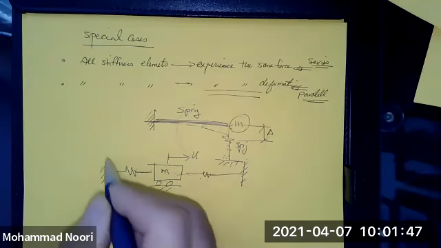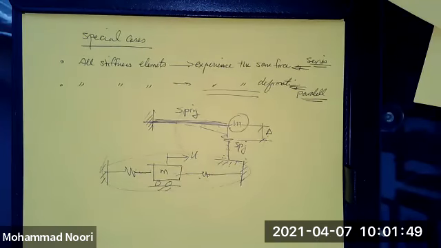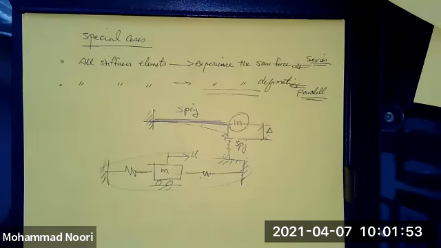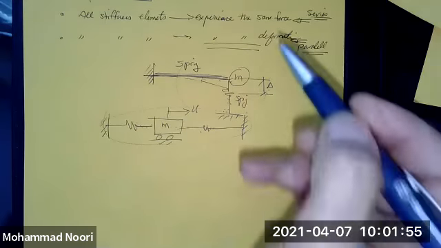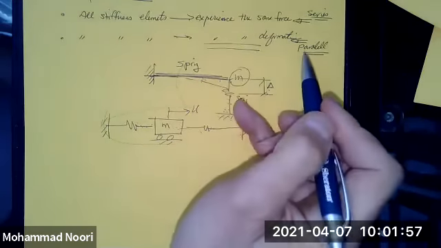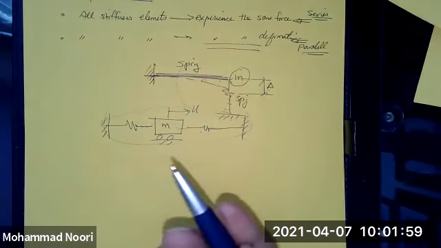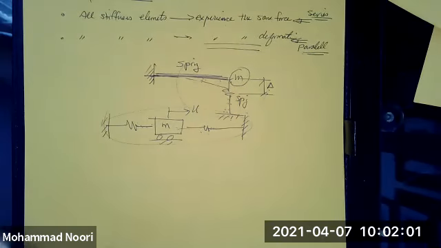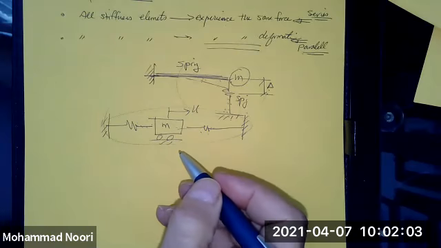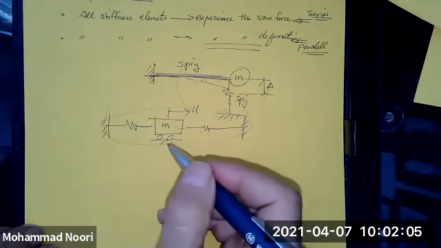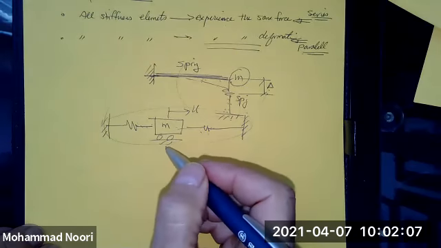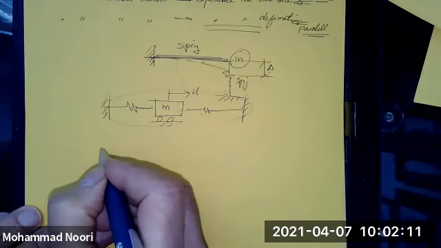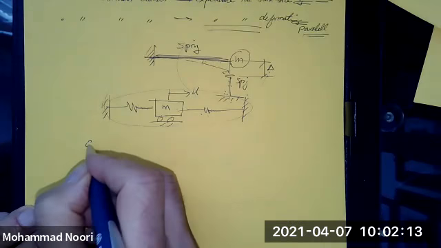So although geometrically they seem to be in series, they're actually in parallel. So that's why it is important to emphasize that parallel and series are meaningless terms. You need to look at whether the springs are such that forces are equal or they go through the same deformation. So let me introduce very quickly case one.